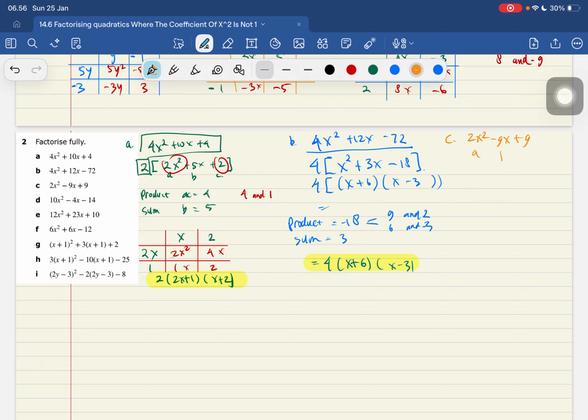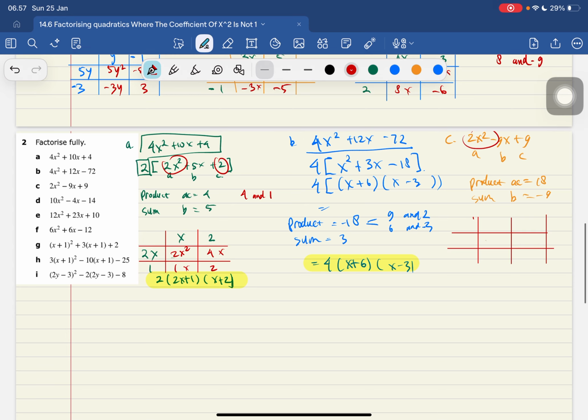So this is A, B, C. We need to find the product of AC. It's going to be 18. And the sum of B, which is minus 9. So we'll draw the table. Okay, write it here 2x squared and 9 here.